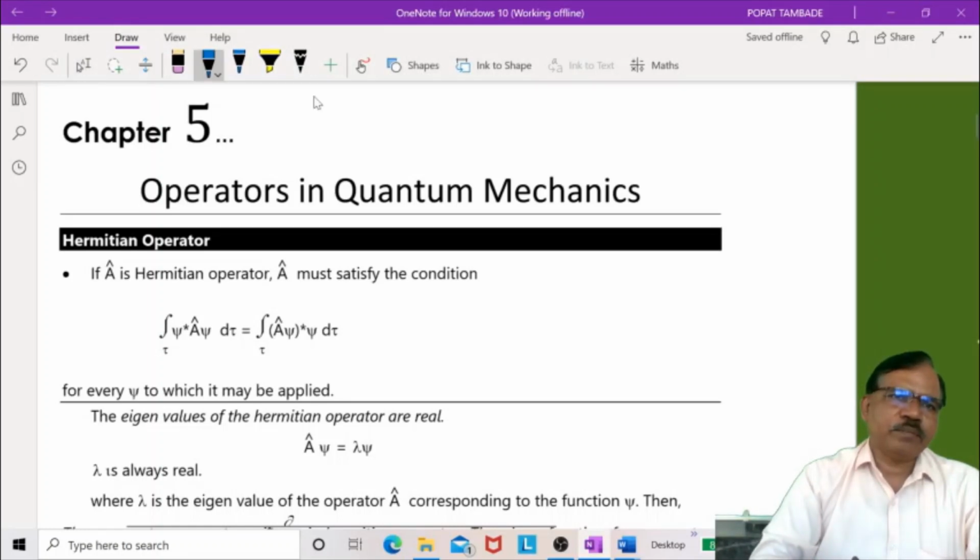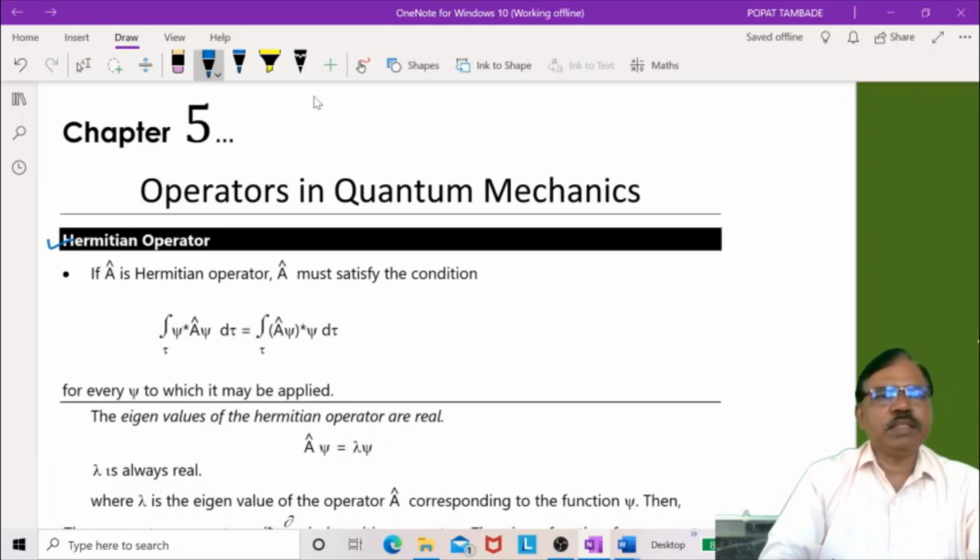Hermitian operator. What is a Hermitian operator? If A is a Hermitian operator, then A must satisfy this condition.